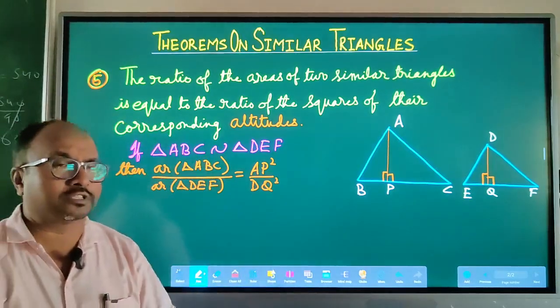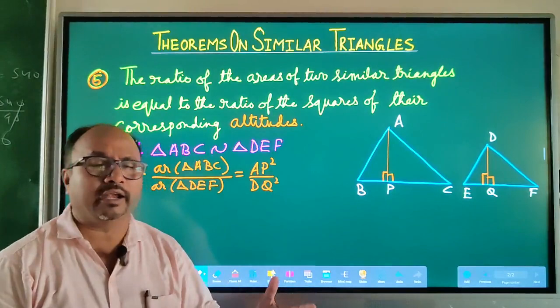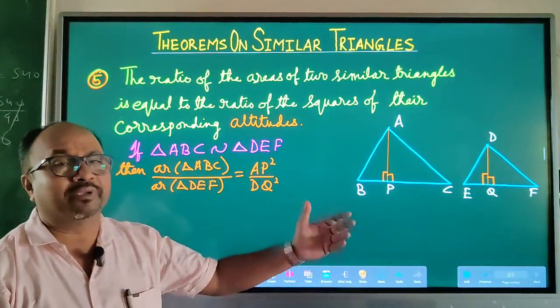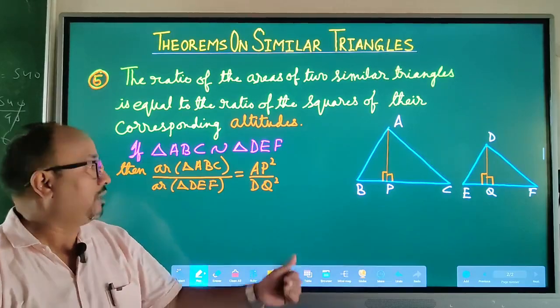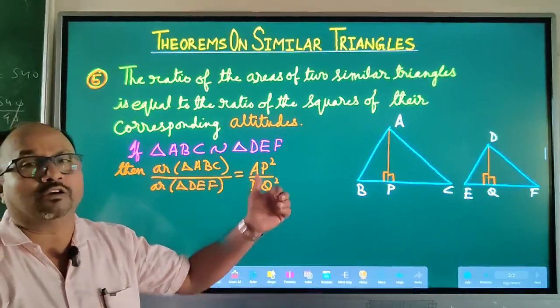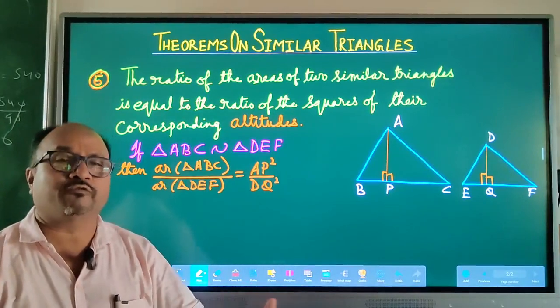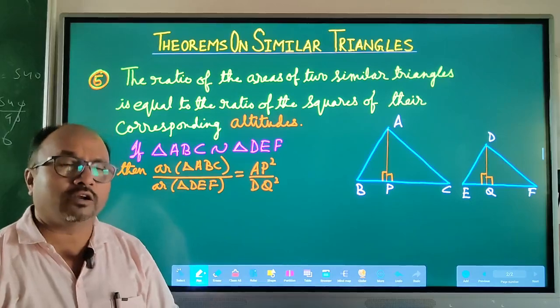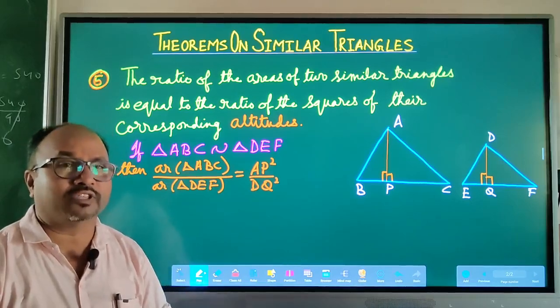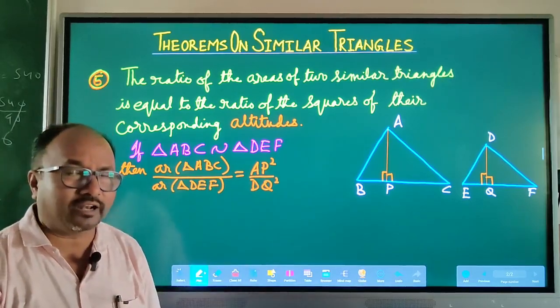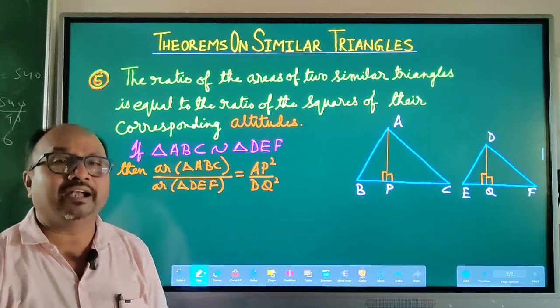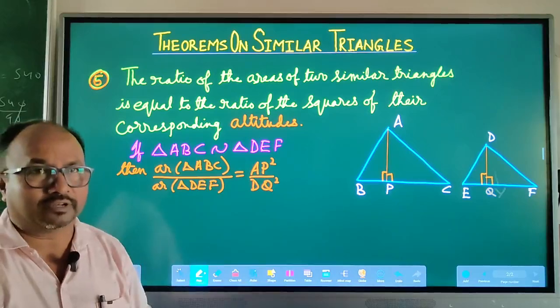The type of sum will be the same as what I explained with the medians and the sides. Again, you find the involvement of four things. So three of their values are given, you have to find the fourth one, or it could be finding the ratio of the areas with altitudes given, or the ratio of the altitudes with the areas given.